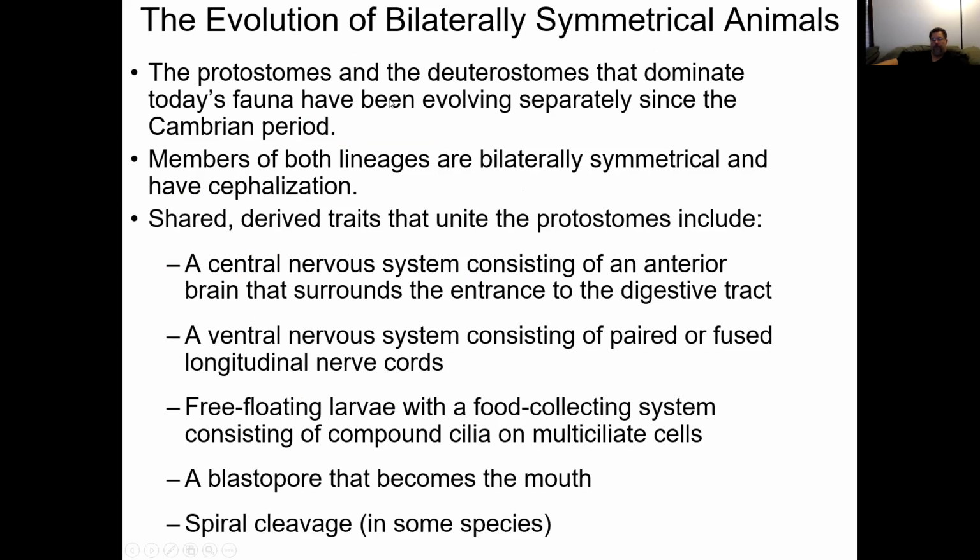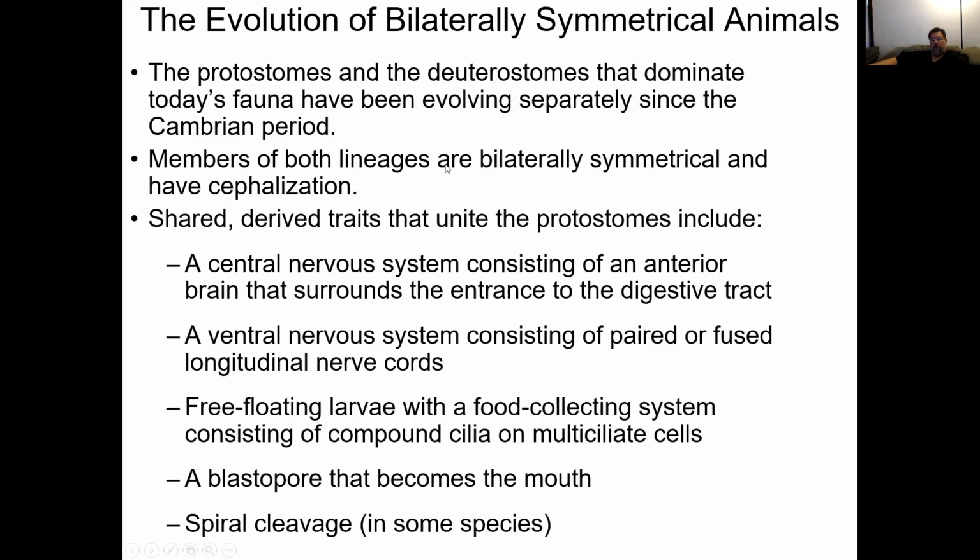But the protostomes and the deuterostomes that dominate today's fauna, meaning the animals of this time period, have been evolving separately since the Cambrian period. So it's been a long time since protostomes and deuterostomes have evolved from each other as an animal group. And then they went on and specialized and became vertebrates that crawl out onto land or fish or whatever.